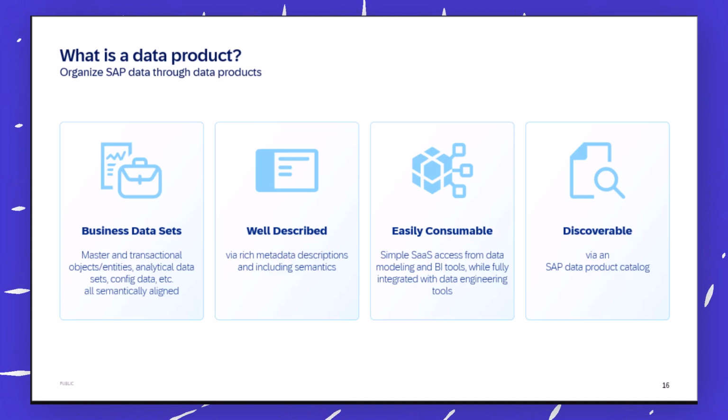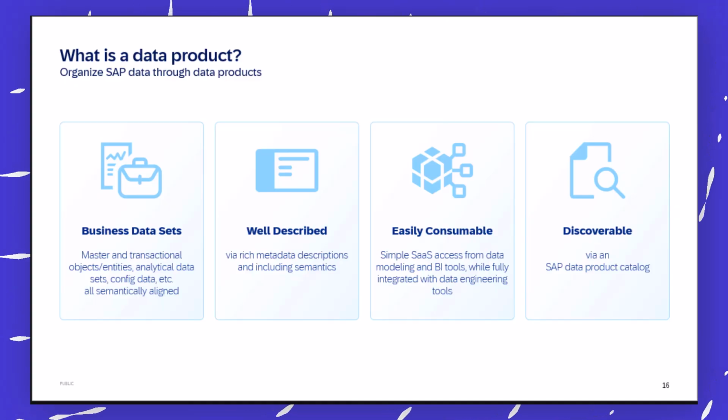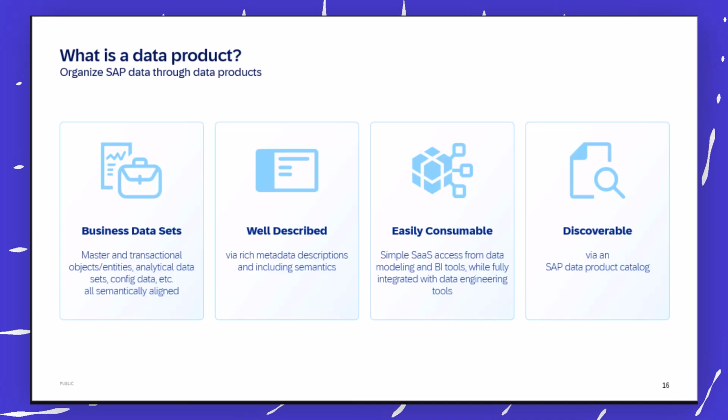Now, how can you discover these data products? There are two ways to discover them. One is within the BDC landscape, and the second is, as a whole, from a customer point of view. From a BDC point of view, in the system, there is something called the BDC cockpit catalog.